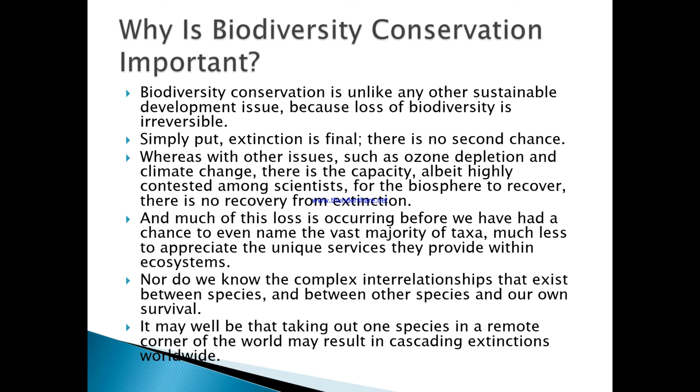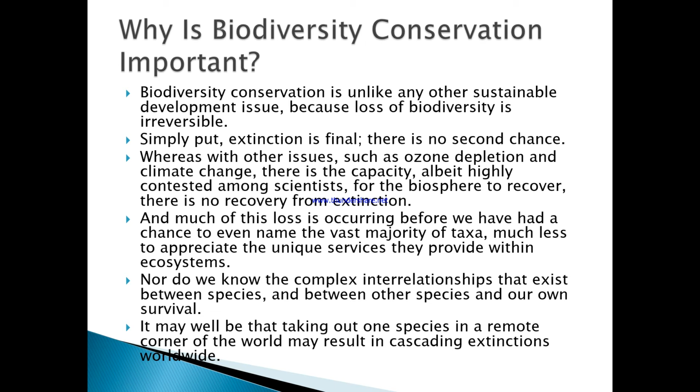There is no recovery from extinction. So, if the ozone layer is destroyed, it can be repaired. Or if any other thing happens on this earth, that can be repaired. But extinction cannot be recovered.